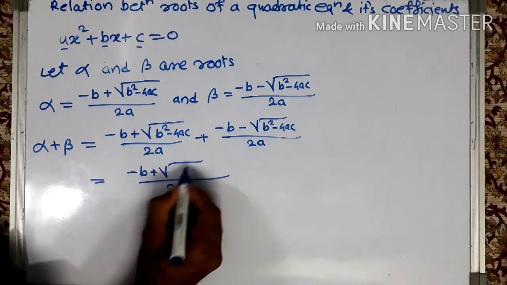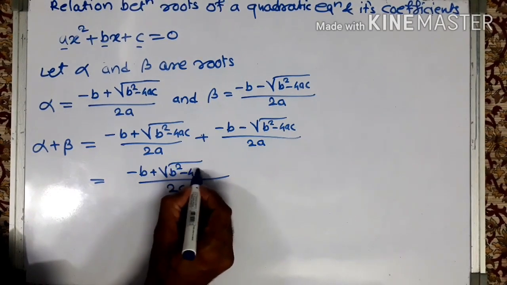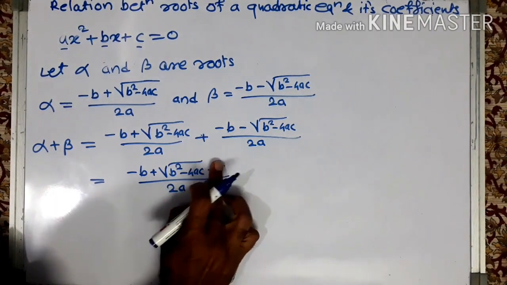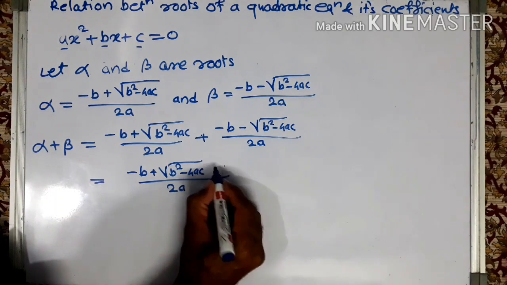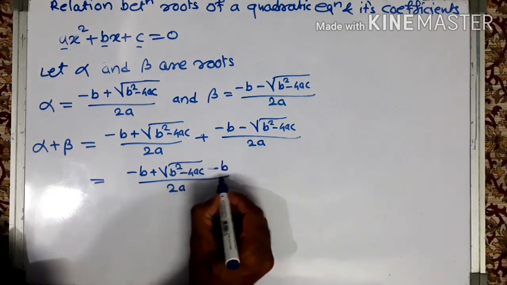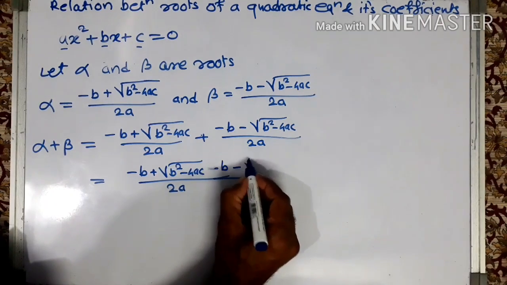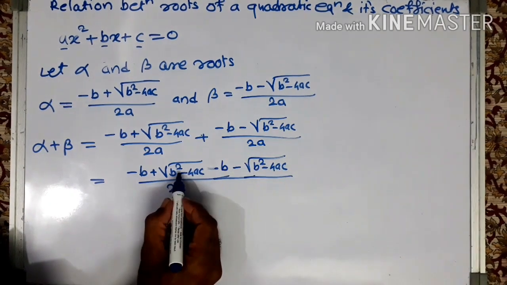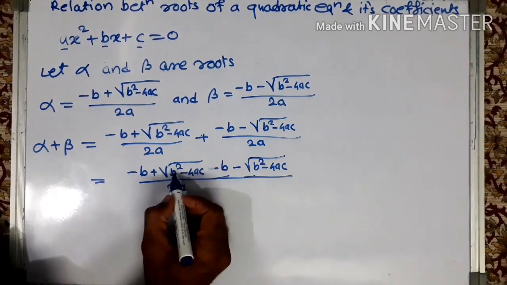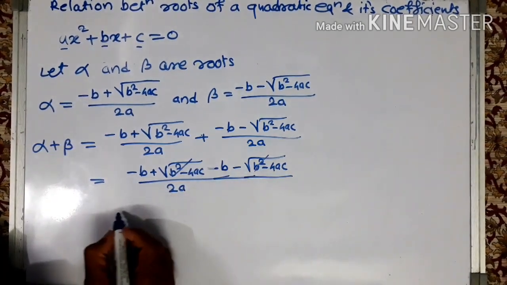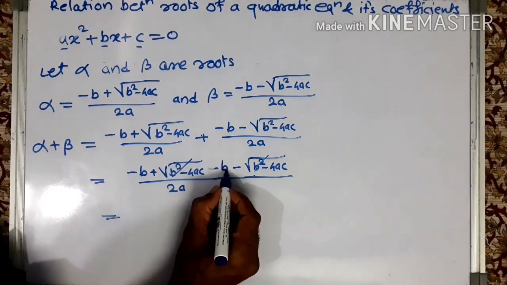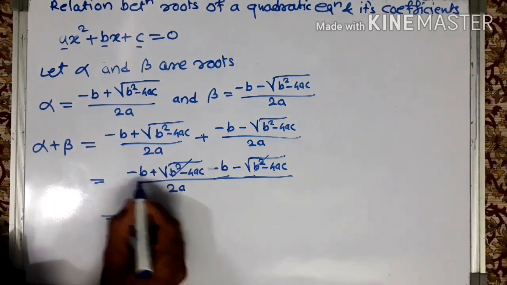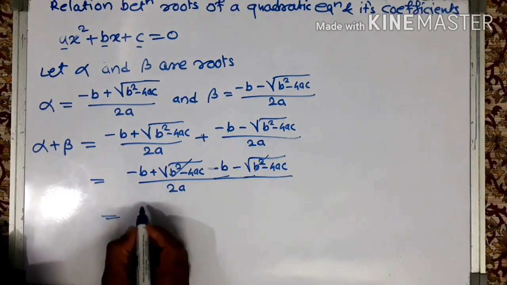Now here the denominators are equal, so we can write it as minus b plus root b square minus 4ac plus minus b minus root b square minus 4ac. Here these two terms are equal but their signs are different, so these two terms cancel. Minus b, here these two terms are also equal and have the same sign, so we can add these terms.